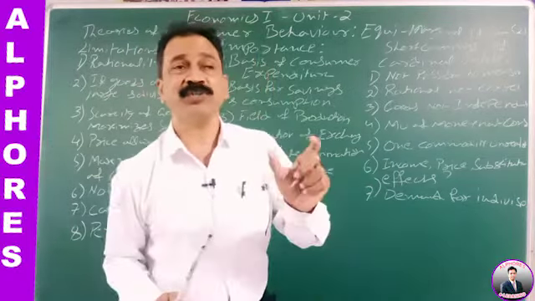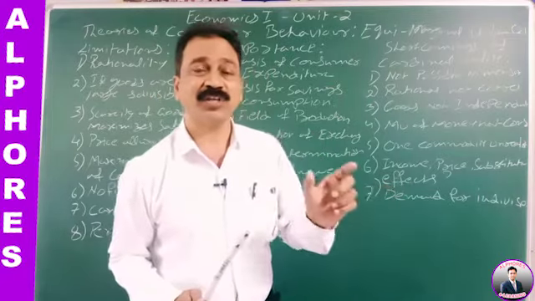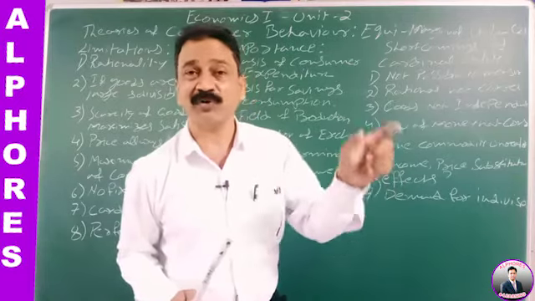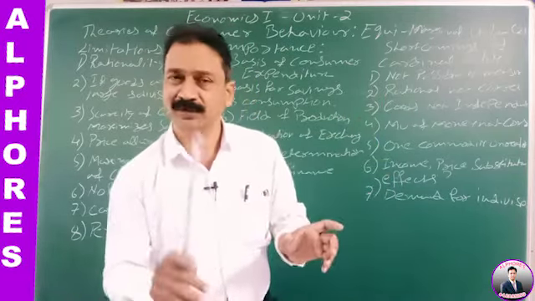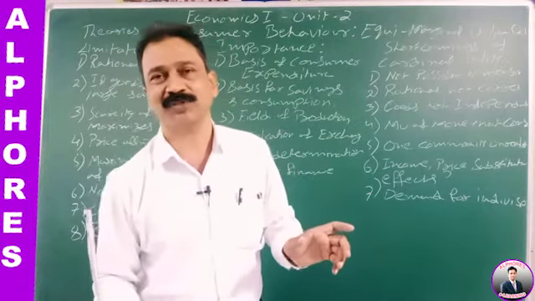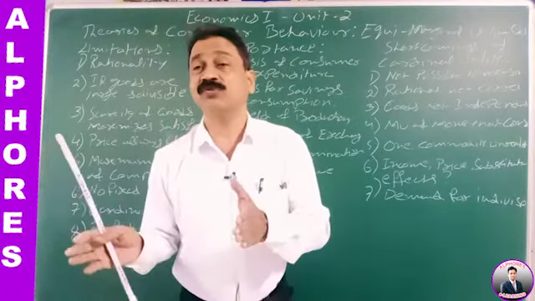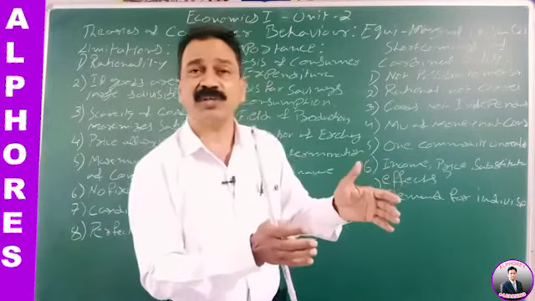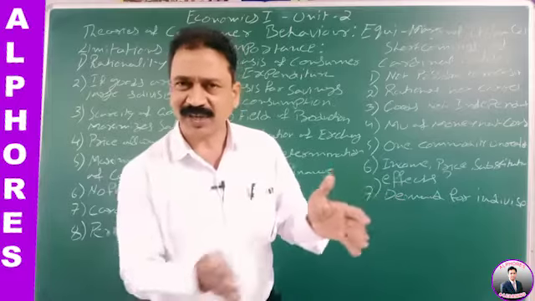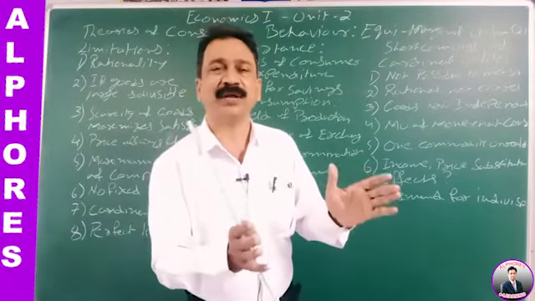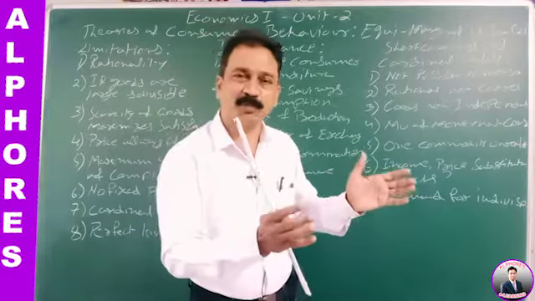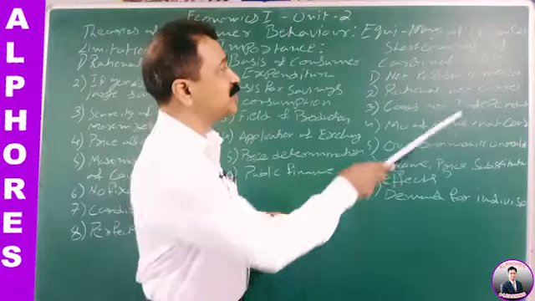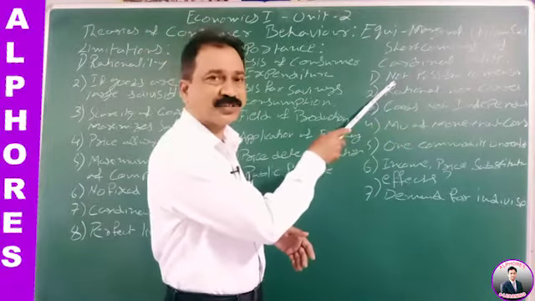So if a girl purchased a yellow Punjabi dress, she can say, I love this color, I prefer this color, so I get more satisfaction out of the yellow dress than the blue dress. She can say only that much. She cannot say the blue dress gives me only 25 units of satisfaction and the yellow dress gives me 50 units. Can she make that exact measurement? No, only she can compare. My yellow dress gives me more satisfaction than the blue dress. Only that much she can say. So it is not possible to measure satisfaction.